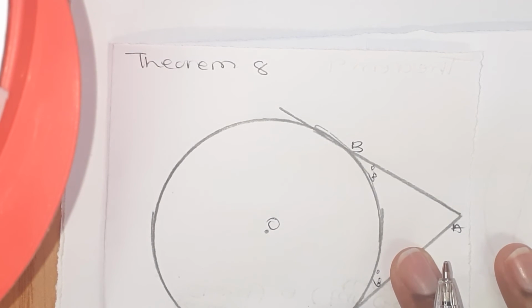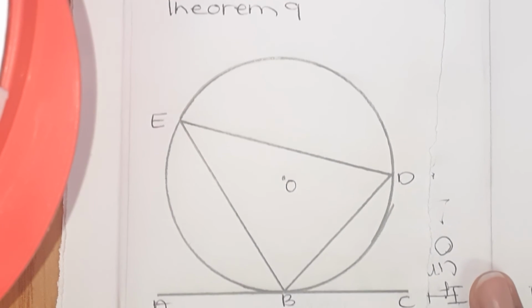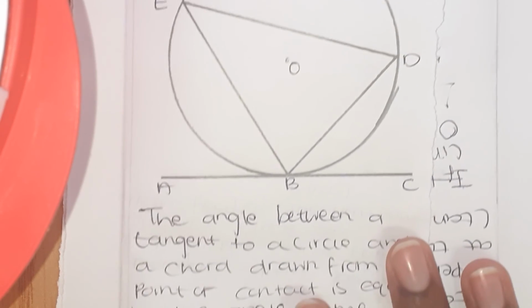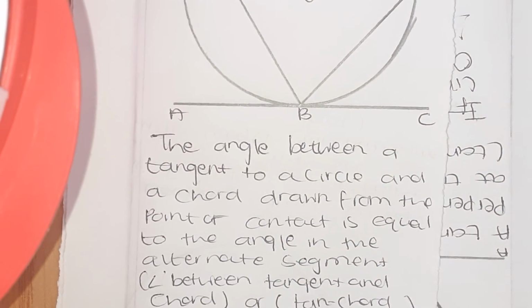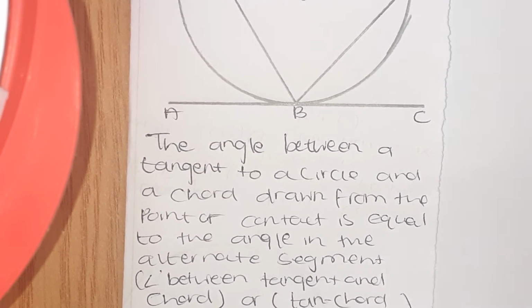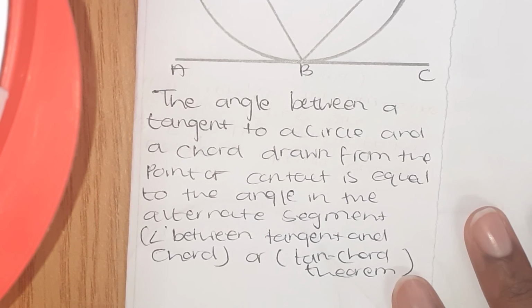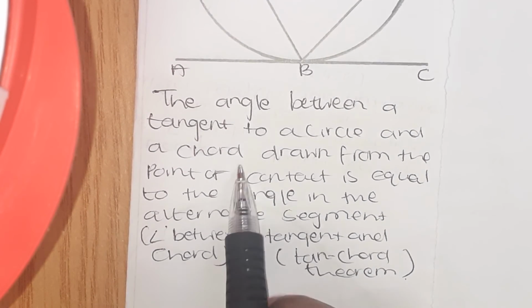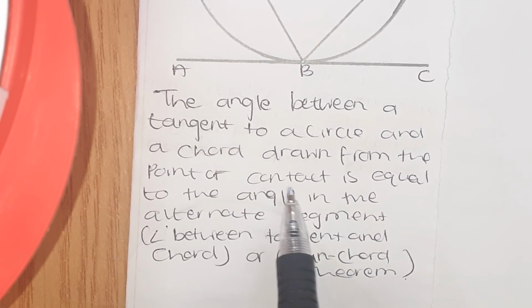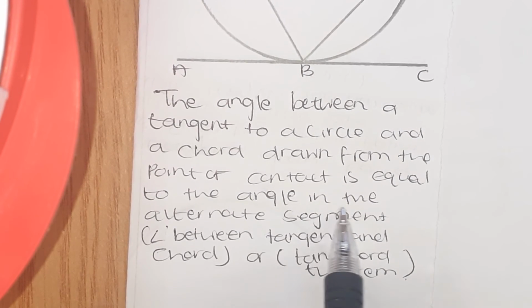Let's go to theorem 9. Here we have theorem 9. Here is the circle. And theorem 9 states that the angle between a tangent to a circle and a chord drawn from the point of contact is equal to the angle in the alternate segment.